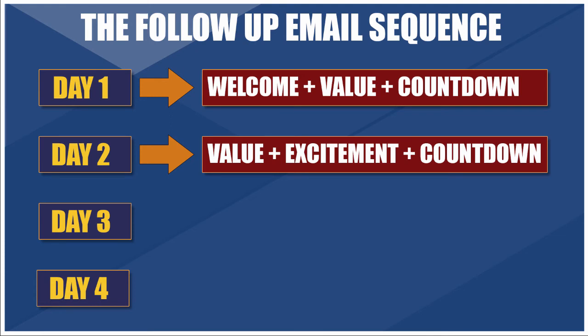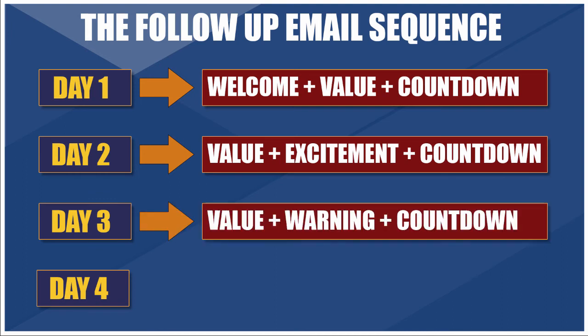So tell them at least 3 big benefits they'll get from using your product. This is to get them to feel desire, so they feel excited and look forward to your special offer. And it also helps to build anticipation. And then you finish with a reminder about the countdown. Tell them that in 2 days' time, they'll be able to access the special offer that they can't get anywhere else.